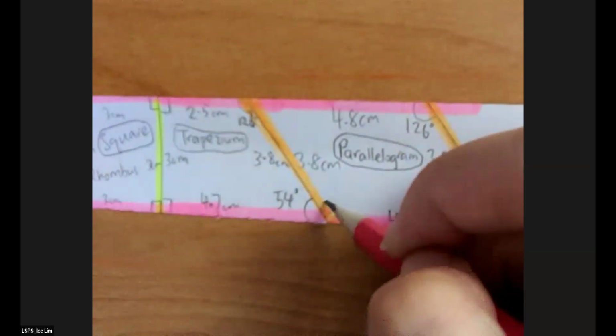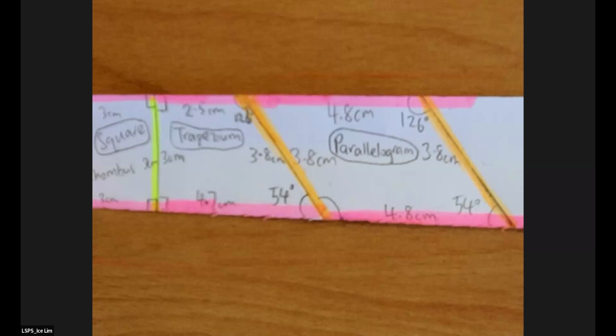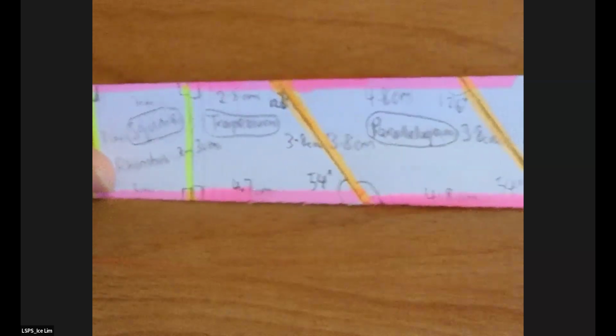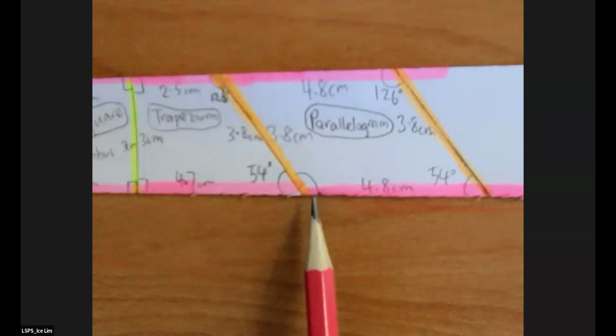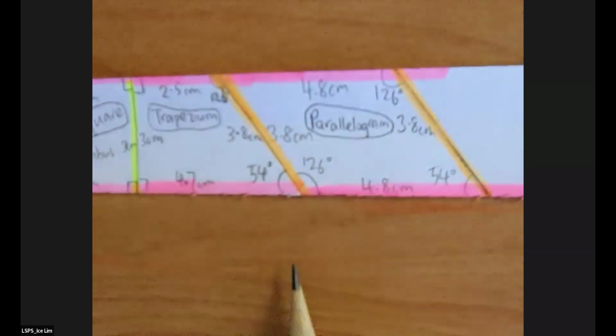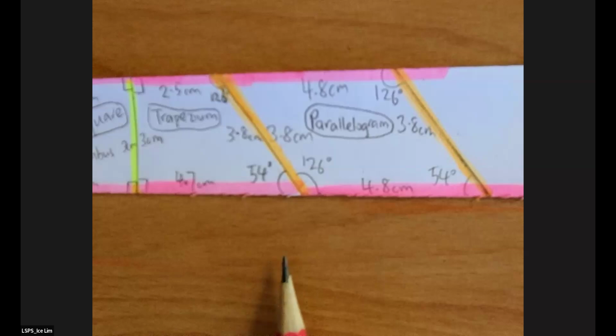What do you think is this angle here? According to my drawing here, what do you think is this angle here? Yes, right? How do you know that? Yeah, it's parallel.